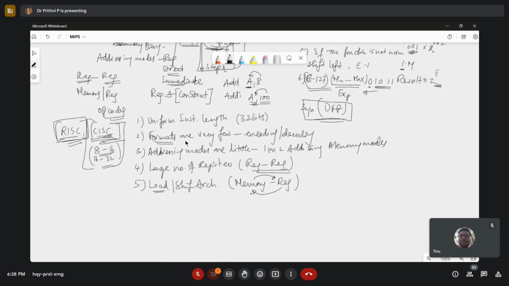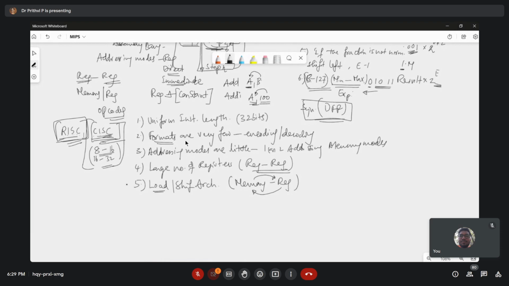I can give an example. If you are giving an add instruction, where will that data come from? A memory location will be specified. From that memory location the data will be collected and put onto the register, and in the register the addition process will be completed, then it will be kept back into a specified memory location. So this is as simple as a transfer of data between memory and register.